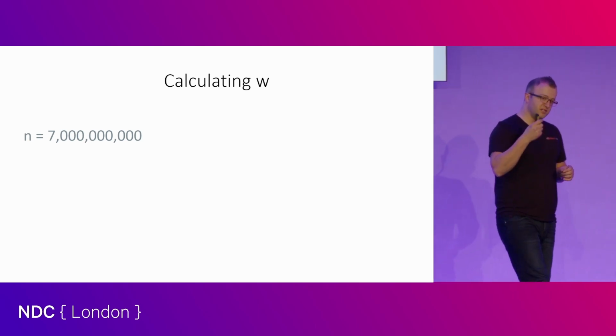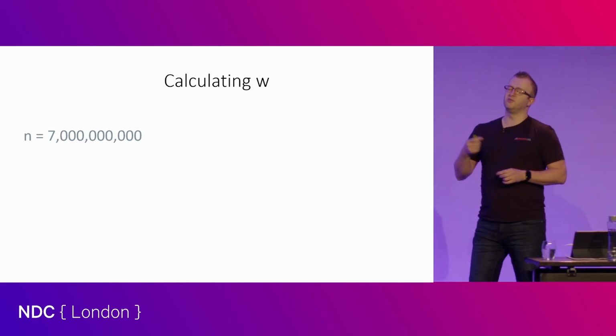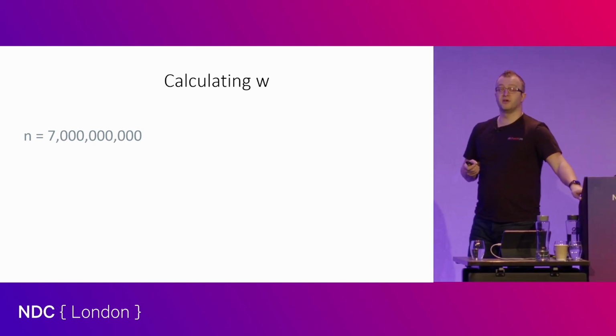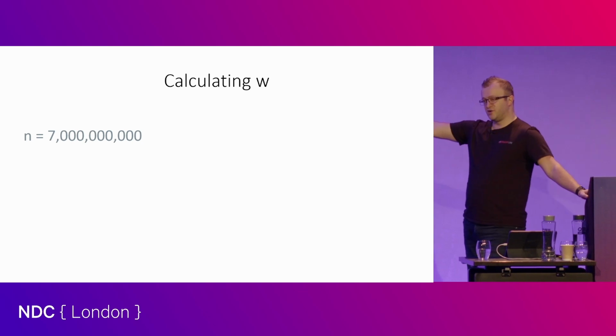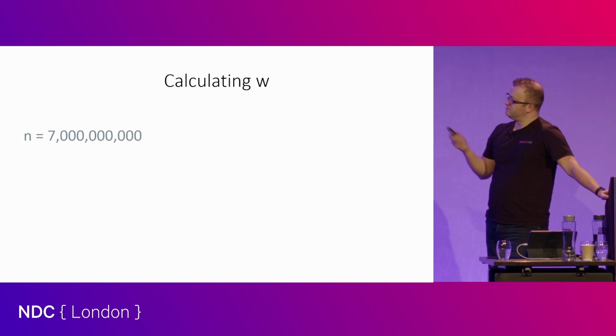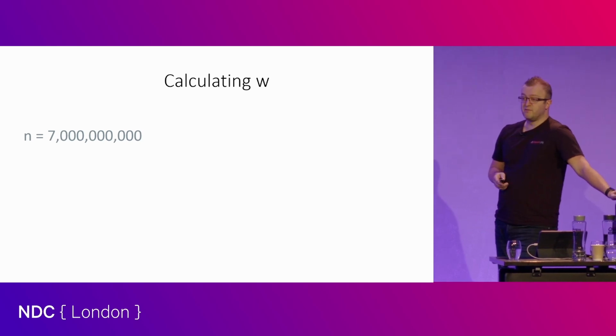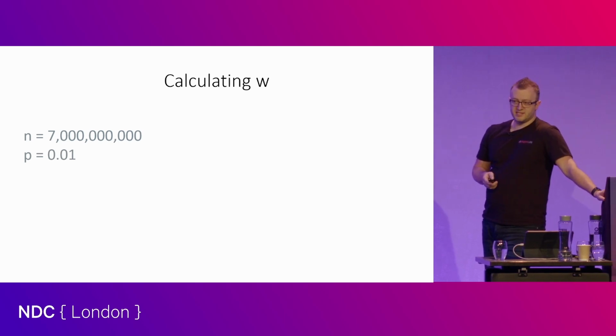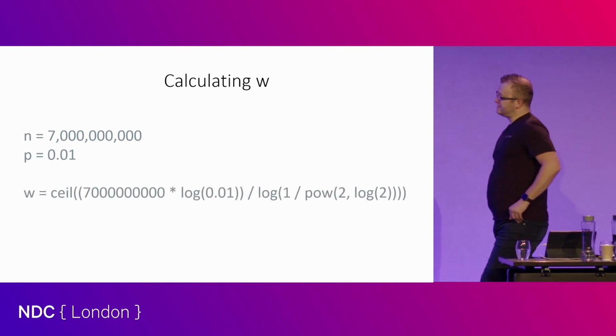I know we're processing tens of thousands of reports a second, but significant quantities of them are duplicates. So this is a projection over time for distinct reports that will be put into the filter. But we're going to put somewhere in the region of 7 billion of these reports into the filter. And this is the probability of false positive that I would like to have. And from there, it's a simple case of just calculating.